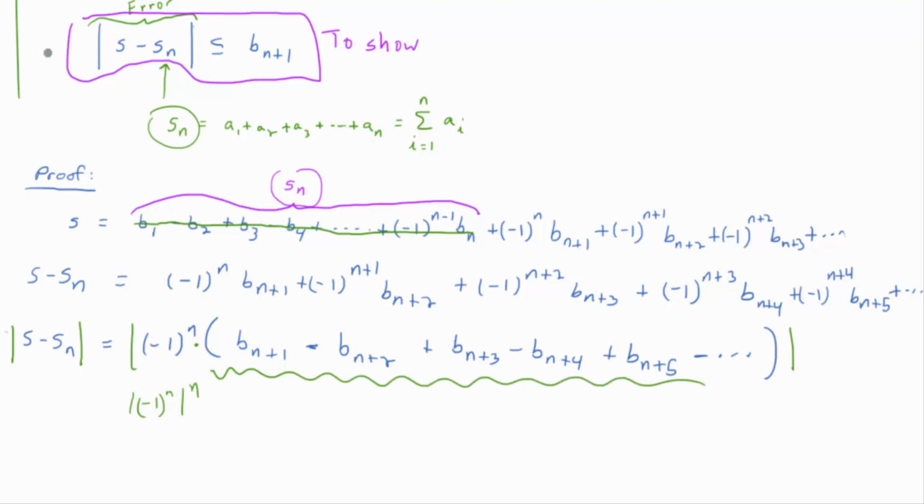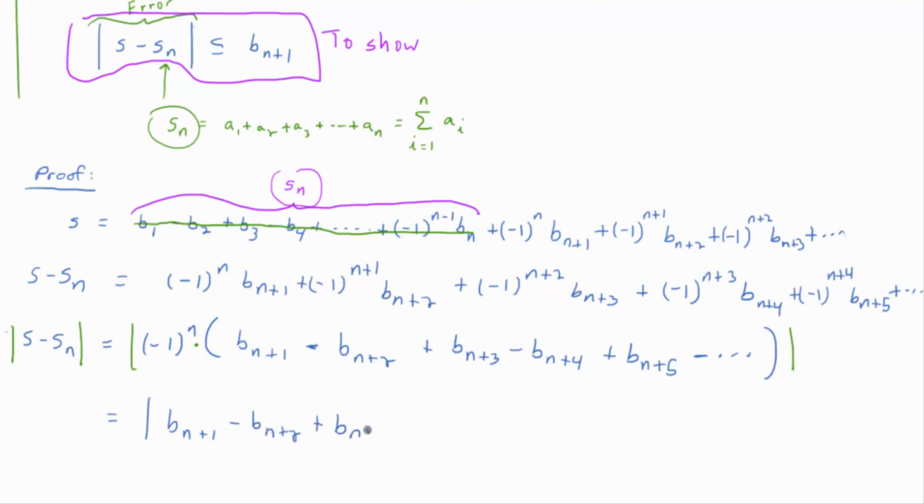But this guy is just 1. So long story short, I can just rewrite this as the absolute value of b_{n+1} minus b_{n+2} plus b_{n+3} minus b_{n+4}, yada, yada, yada, plus b_{n+5} minus dot, dot, dot.